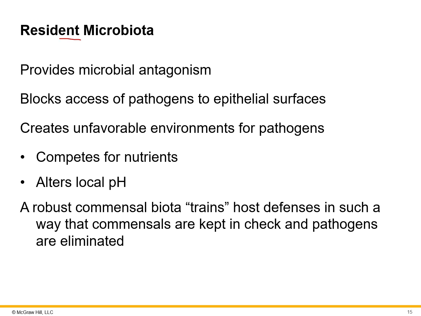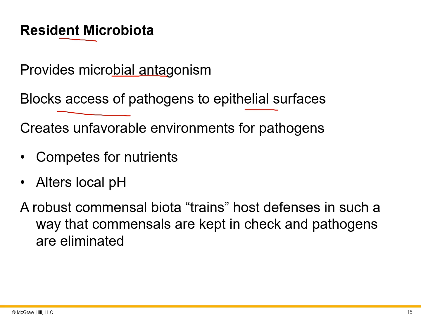Now, our resident microbiota is another part of that first line defense. This is providing what we call microbial antagonism. Microbial, because it's microbes, and antagonism just means to defend against. So this is blocking access. If the normal flora, the bacteria that normally live and reside on or in our body, are there, it essentially covers up those epithelial surfaces.